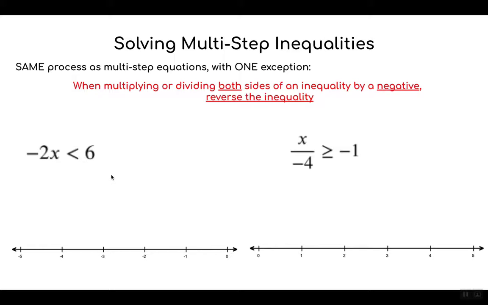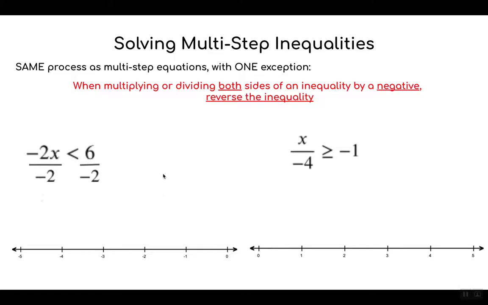So we're just going to look at a couple of one steps here. I have negative 2x is less than 6. This is negative 2 times x, so I'm going to divide both sides by negative 2. By what kind of 2? Negative 2. I say that to emphasize we are dividing both sides by a negative number, so we have to reverse the inequality.